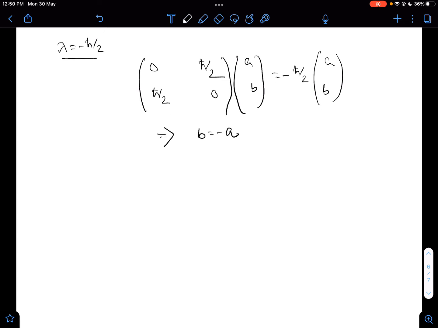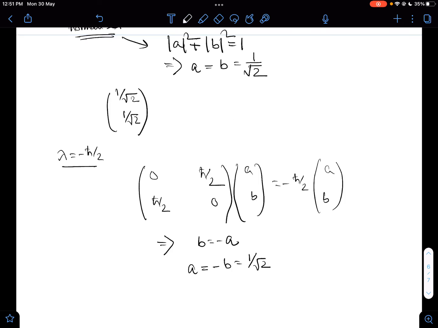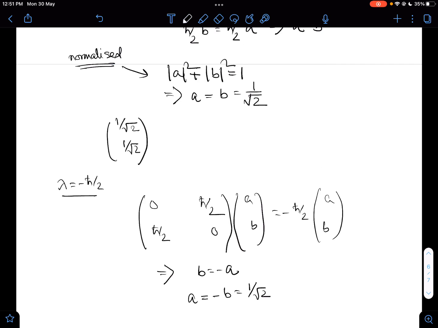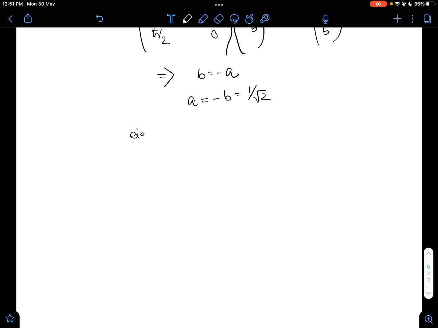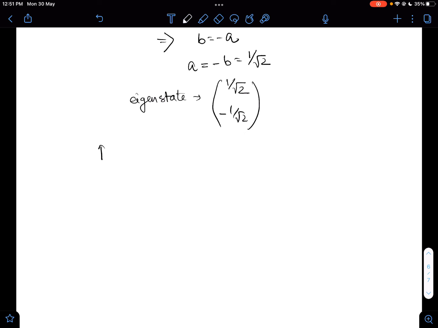And again, as we have done before, if we apply the normalization condition, then we will find a and b value to be 1 by root 2. So our second eigenstate is (1 by root 2, minus 1 by root 2). So these are our two eigenstates.